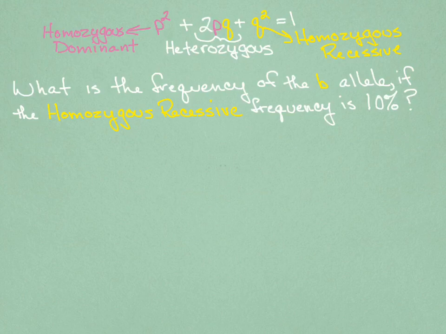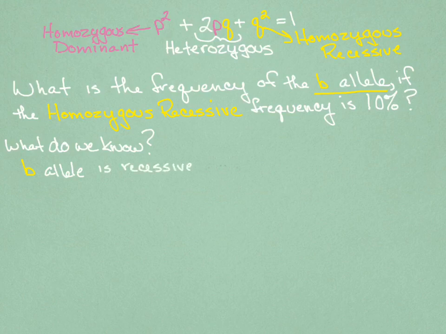Homozygous recessive is a genotype, so we know we're dealing with this bigger formula first. We know that we're talking about a B allele. We know that it's recessive. And we know that recessive alleles are Q. We already learned that.